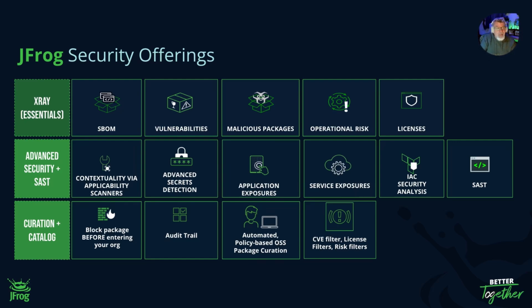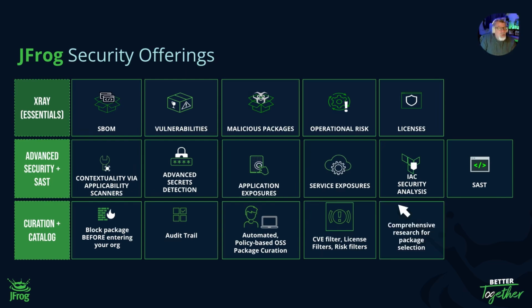We talked about the fact that there's direct and indirect transitive dependencies. In most cases, the indirect transitive dependencies are actually more the cause of the problem. This allows you to write CVE filtering rules to make sure that CVEs of a specific type, like critical or high, don't enter your organization, adding an extra layer of protection preemptively.